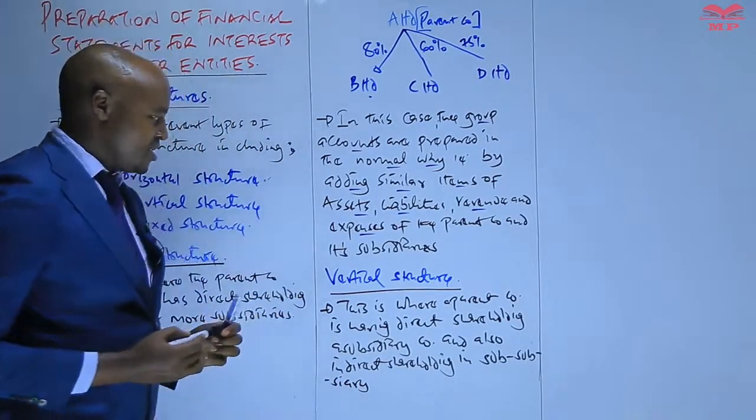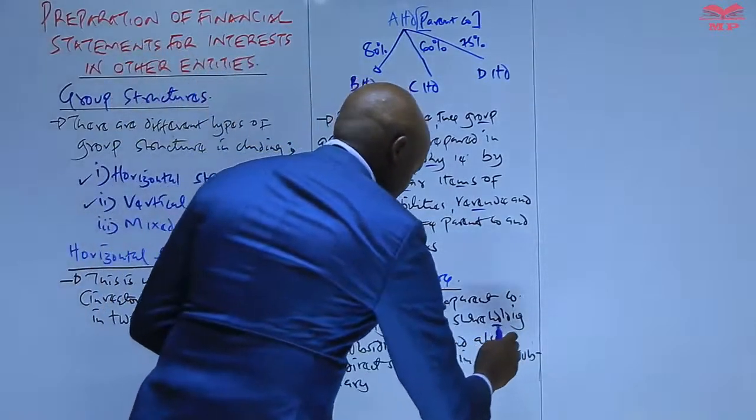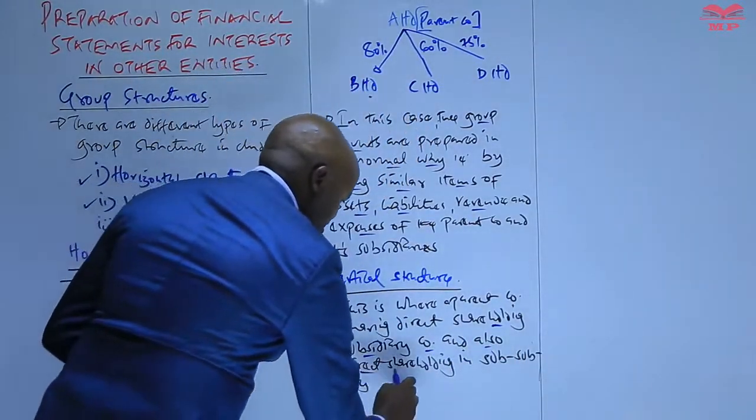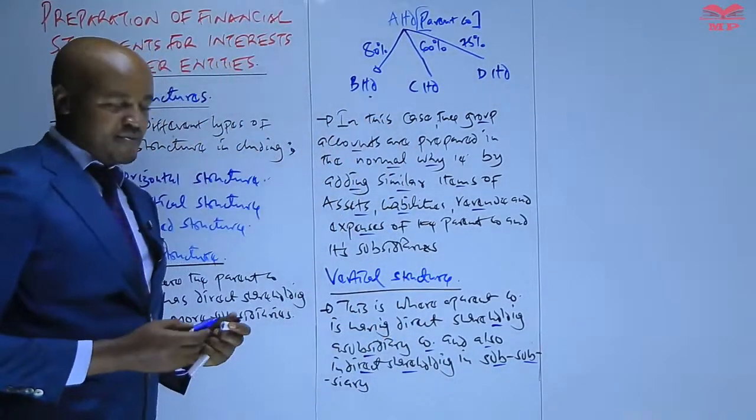So the parent company here will be having a direct shareholding in a subsidiary company, and also indirect shareholding in what we refer to as a sub-subsidiary.